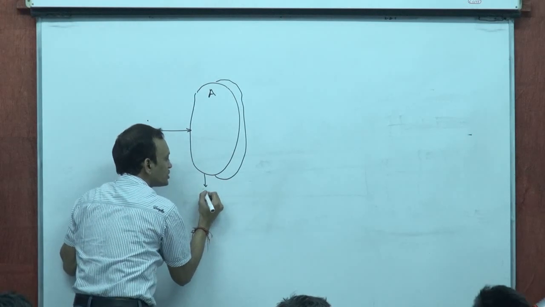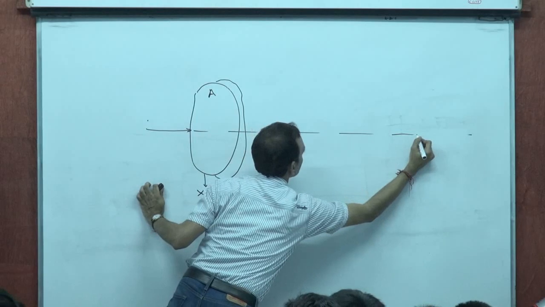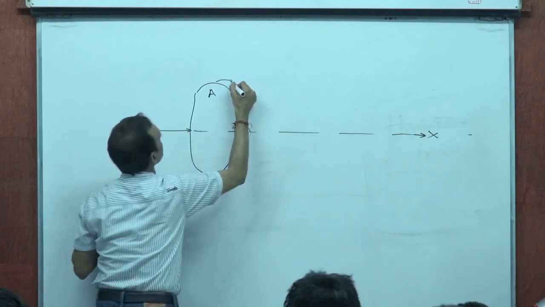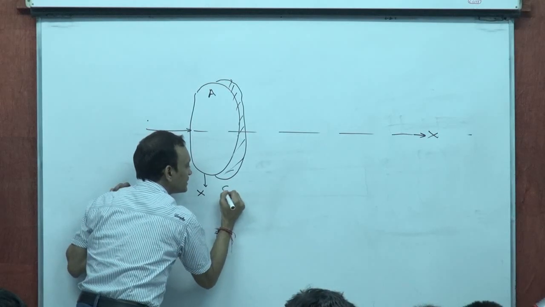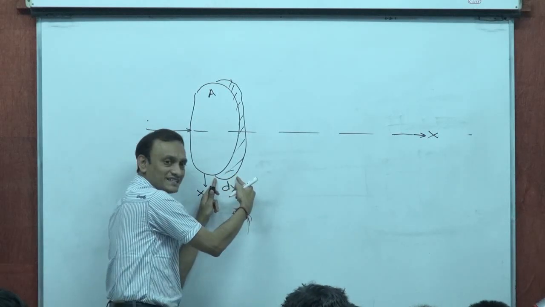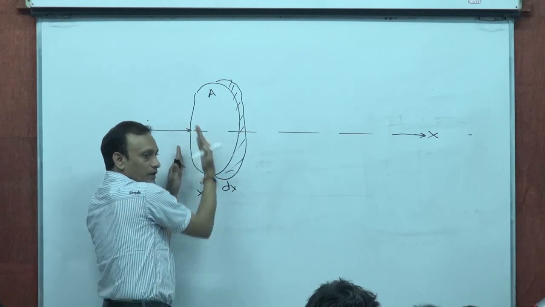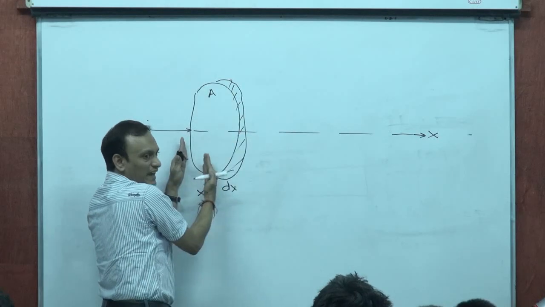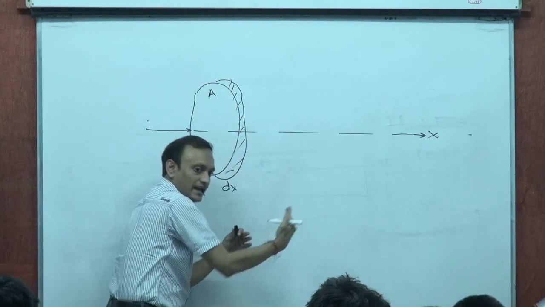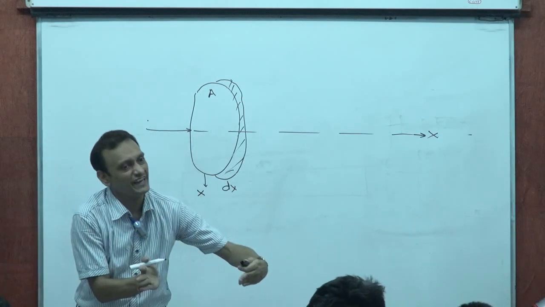Let's say this cross section is located at x, this is the positive direction of the x-axis, and this cross section has thickness dx. There are two faces to this cross section, one at x, the other at x plus dx, perpendicular to the x-axis.